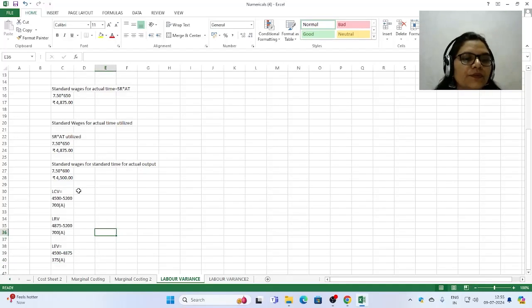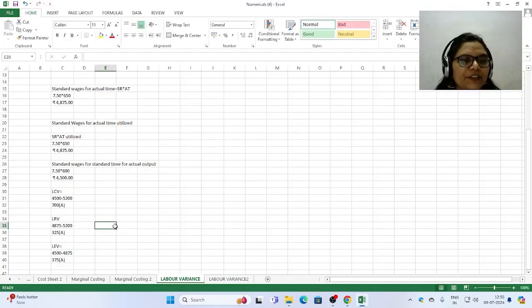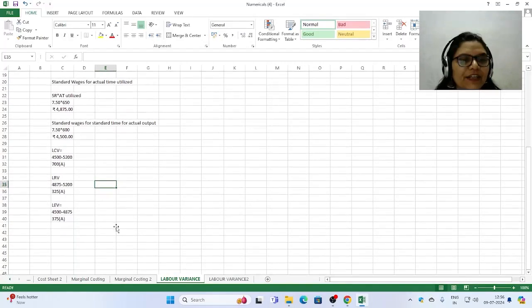So we have three kinds of variances. Labor cost variance is 700 adverse, labor rate variance is 4875 minus 5200, which gives you 325 adverse, and labor efficiency variance is 375 adverse.